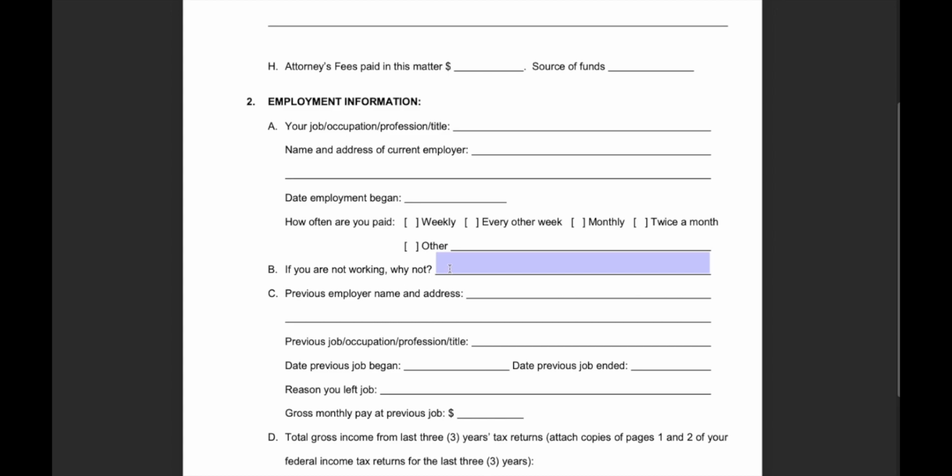So sometimes we get moms that come in that are a stay-at-home mom, or you may be retired, or you have a health issue that you're unable to work, so please just give a brief synopsis in this line. If you have worked in the past before becoming unemployed, please indicate the prior employer name and job occupation and title.